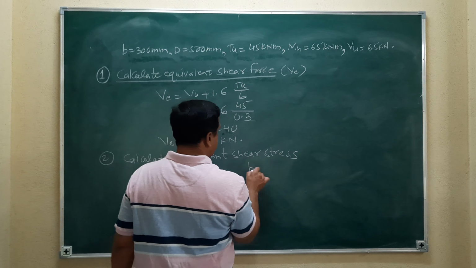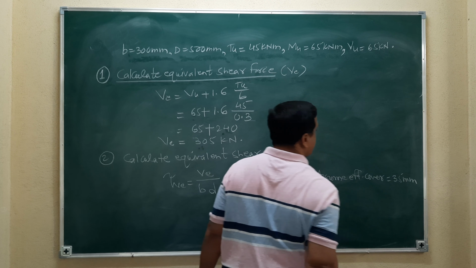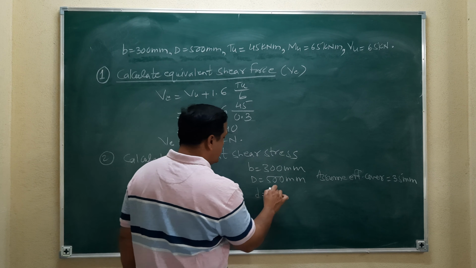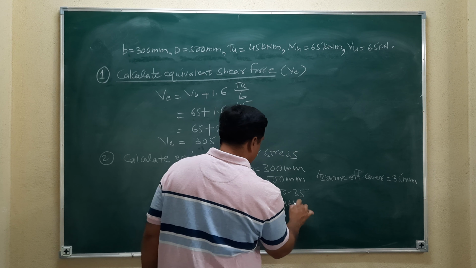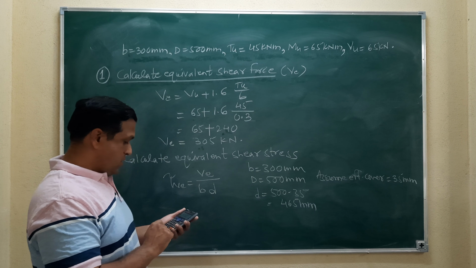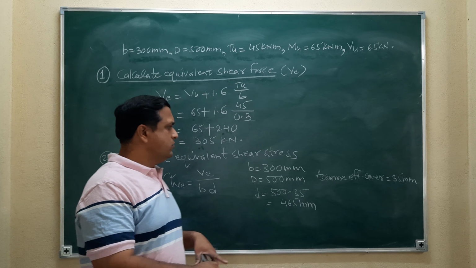If we assume the effective cover is 35 mm, the effective depth of the beam is 500 minus 35, which is 465 mm.